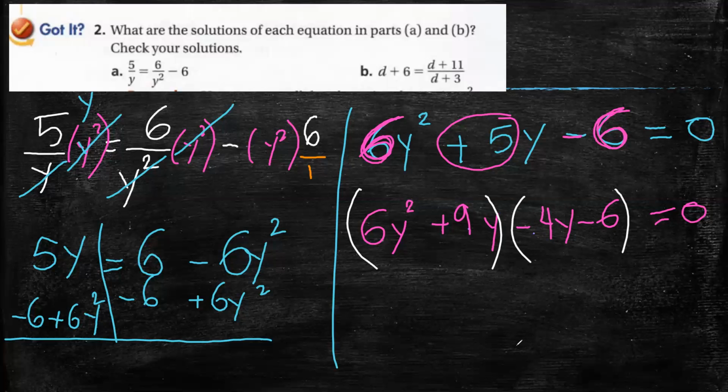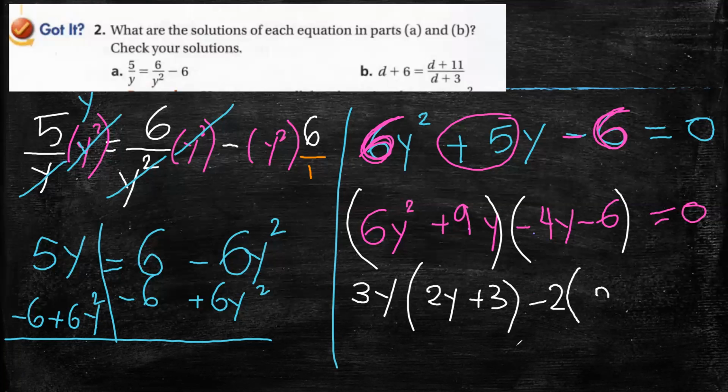Let's take 3y as a common factor, so we have 2y plus 3. And here, negative 4y minus 6. What do you take as a common factor? Negative 2. Then 2y plus 3.